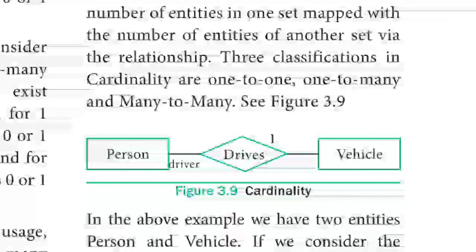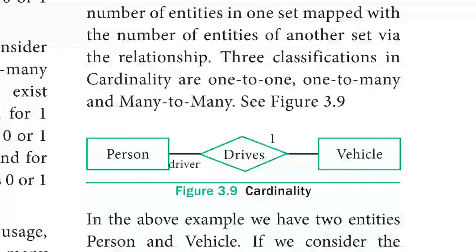Student is an entity, teacher is an entity, so in between they have teaches, the teacher teaching the student. The driver drives the vehicle, the passenger travels in the bus. So these are all the different types of relationship.